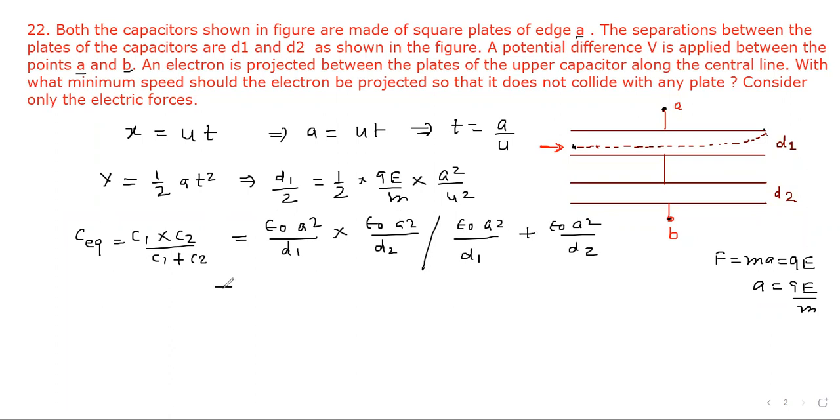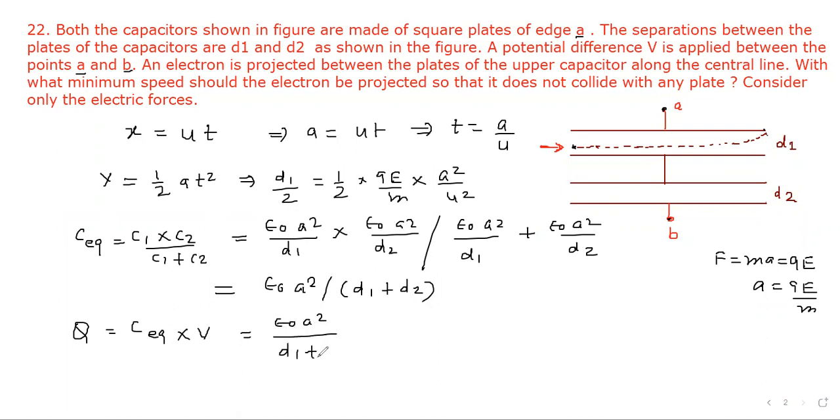If we further simplify, we will get epsilon naught A square divided by D1 plus D2. Now, total charge supplied by the battery, Q equal to C equivalent times voltage, so epsilon naught A square divided by D1 plus D2 times voltage V.